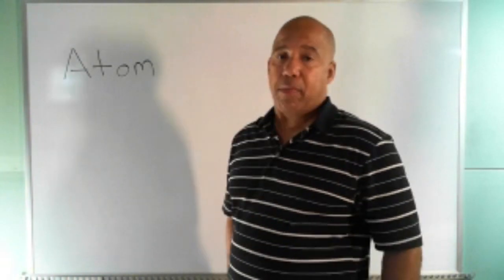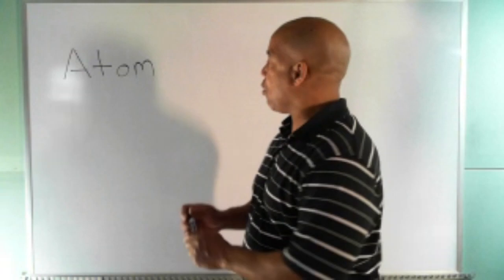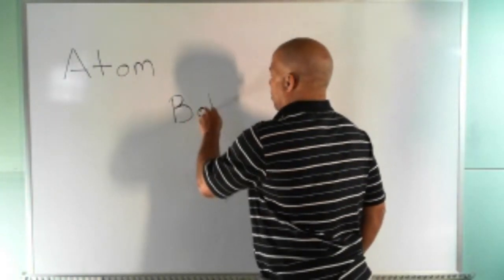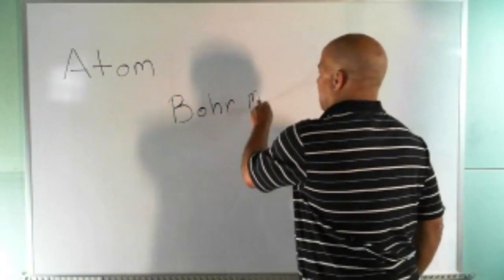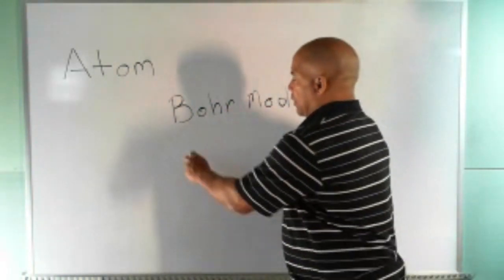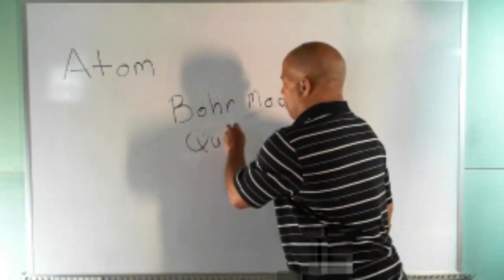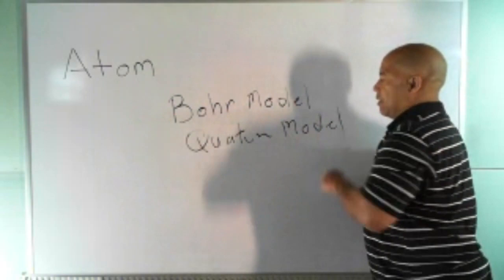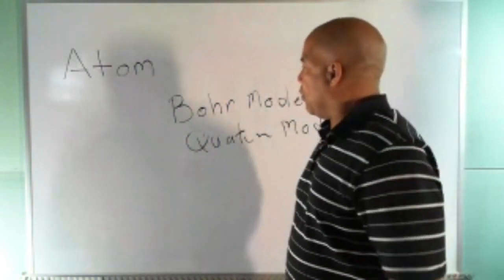One is called the Bohr model, or the planetary model. And the other one is called the quantum model. We're going to use the Bohr model.